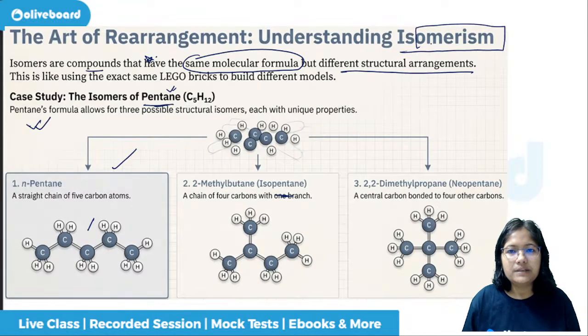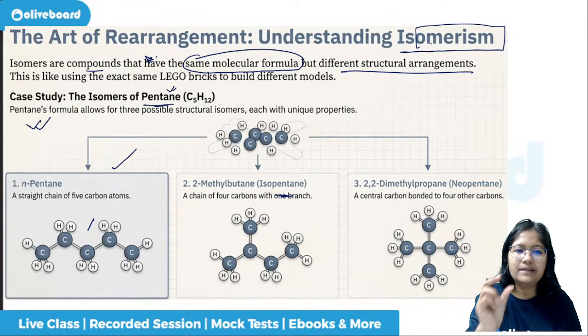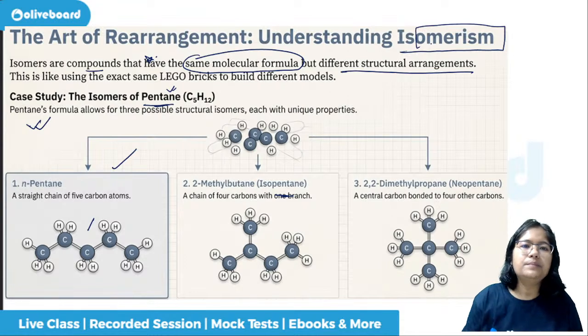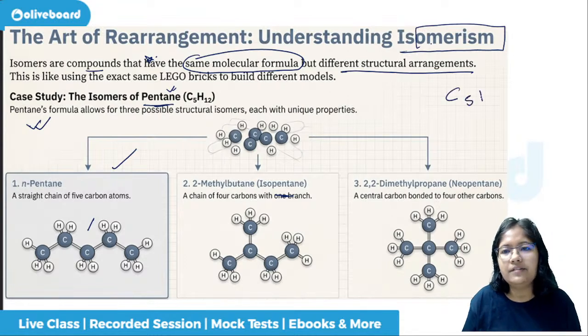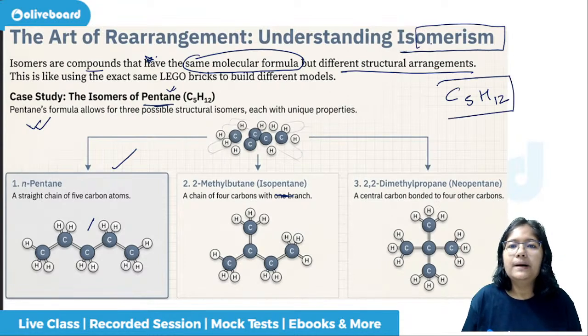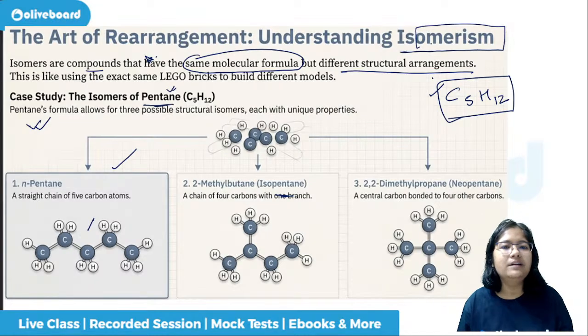Isomerism is when compounds have the same formula, here C5H12, but the arrangement can be in different forms.